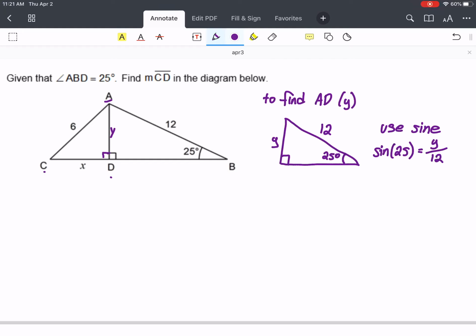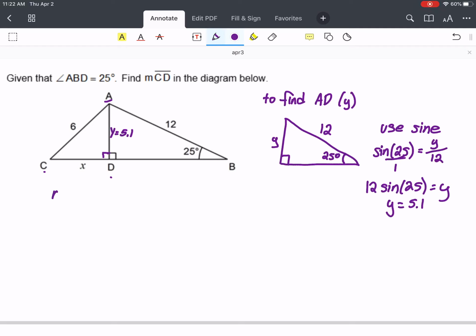We can, at this point, cross multiply. So 12 times sine 25 is equal to y. You plug that into your calculator and you get that y is about 5.1. So we get that y over here is about 5.1 units.